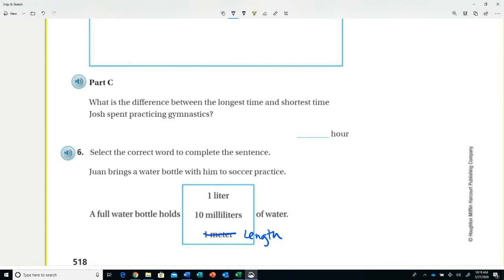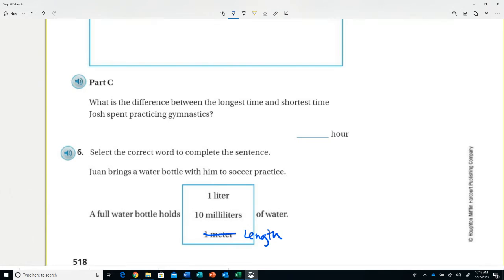So let's talk about what a liter is. Your regular water bottle that you would bring to school is about 500 milliliters. The ones that I like are 1 liter, which is 1,000 milliliters. The milk at lunch, the little carton, is about 240 milliliters. You can imagine what 10 milliliters looks like.